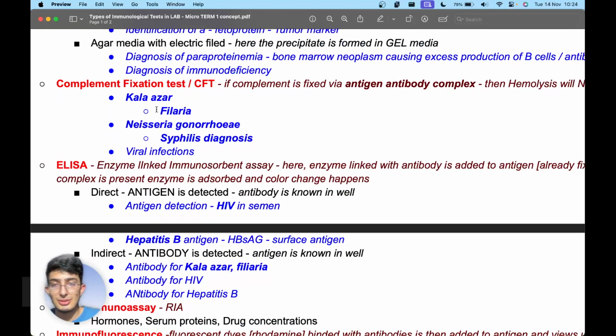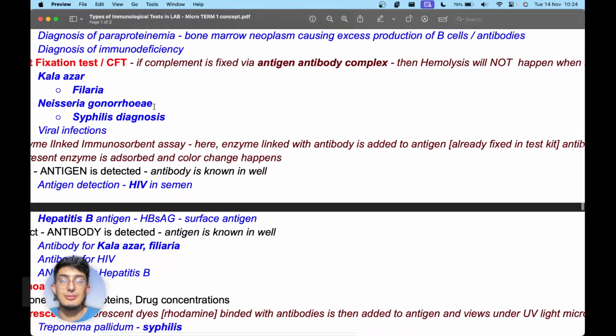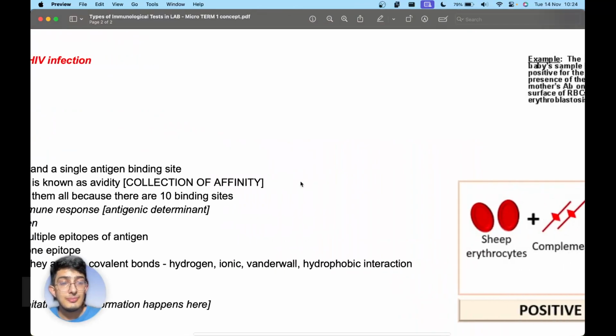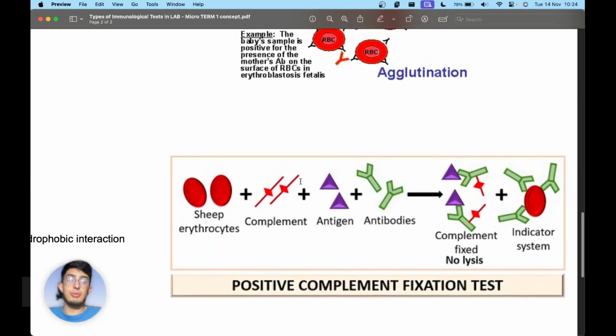Because the person has the disease, the blood has kala azar antigen. So we put the blood, or rather the serum, in a test tube.